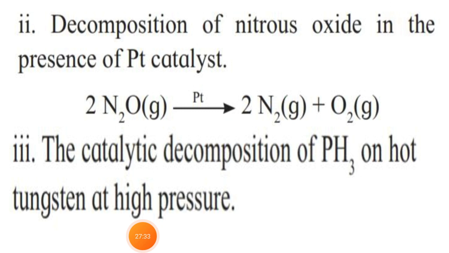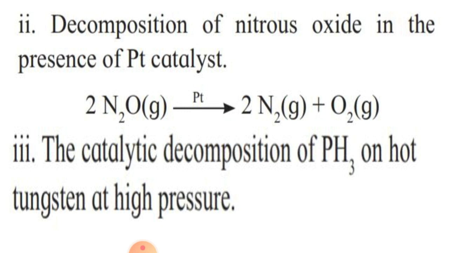The next example is decomposition of nitrous oxide N2O in the presence of platinum catalyst. Here nitrous oxide is in gaseous state, and it gets decomposed into nitrogen gas and oxygen gas.